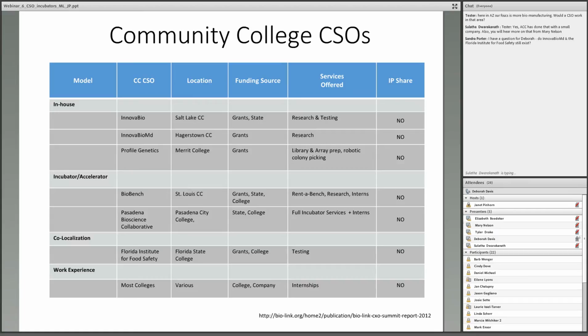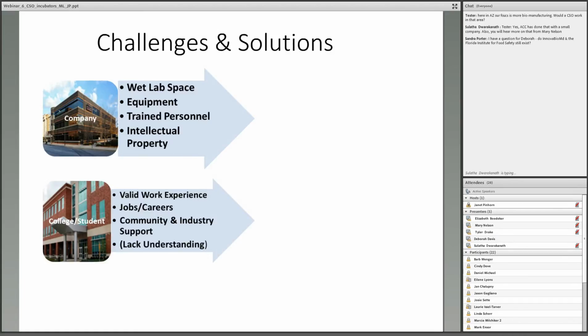Now, what we found out is that most companies and colleges or educational institutions have the same challenges no matter where they're located. So the challenges for companies is trying to find fitted lab space. It's very, very difficult to find. This is the national problem.